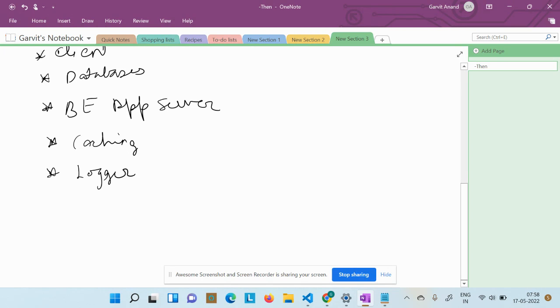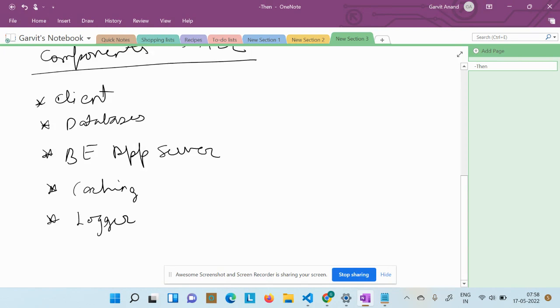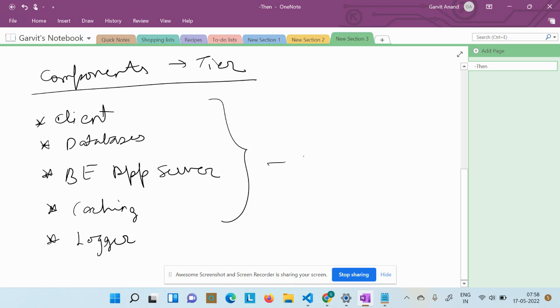These basically consist of what we call the components of a tier.